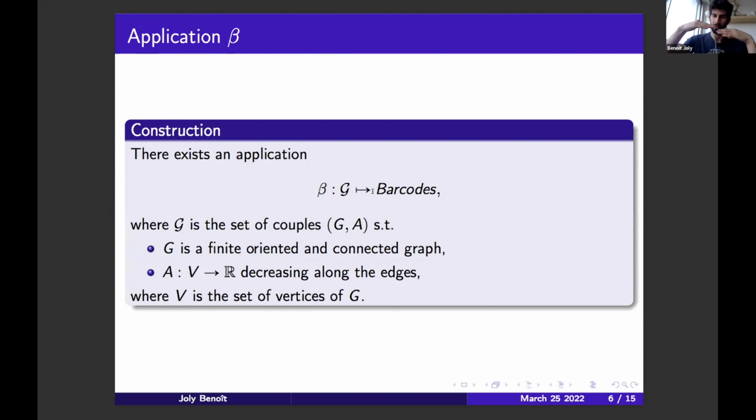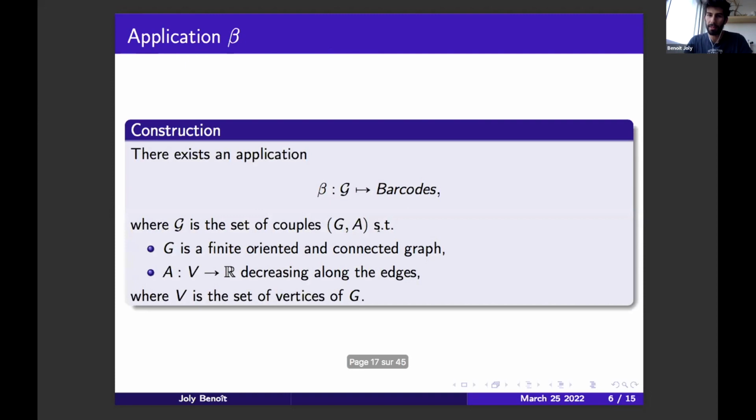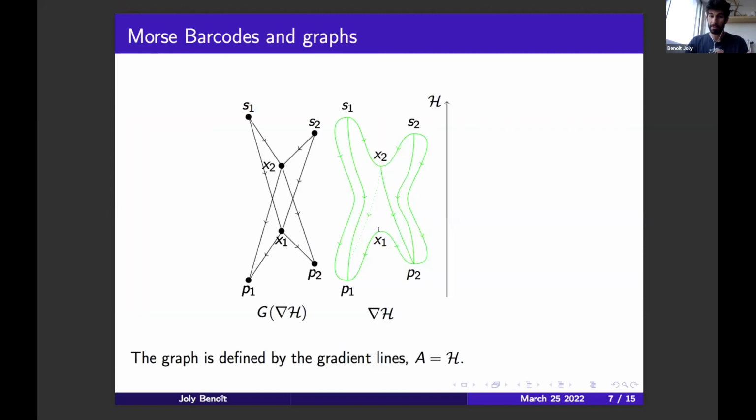At every time of the filtration, I actually have a partition of the critical points in the graph, and with this partition, I just construct by hand the bars for the barcode.